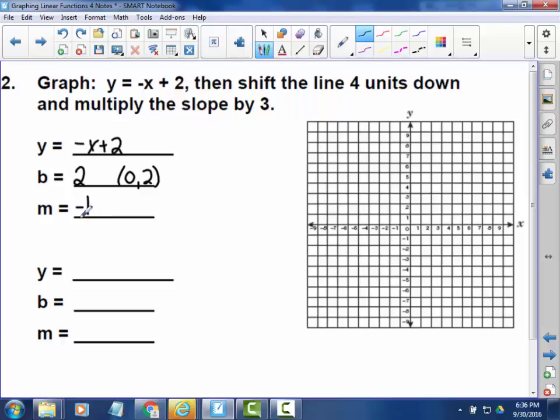I'm going to write that as a fraction because we know we're going to move rise over run. So we go to 2, and we go down 1 and to the right 1.